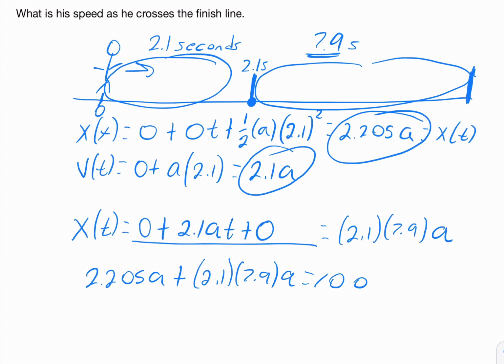All right, plugging this into a calculator, let's see what we get. I'm getting a as 5.321 meters per second squared. That's the acceleration for 2.1 seconds.